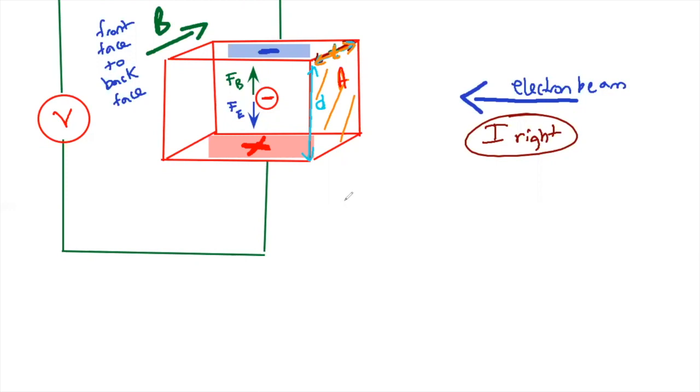At this point, no electrons are going to go up. Why? They're going to stay here. So if we keep sending electrons, there's going to be a point when electrons are not going to go up, because the magnetic force is canceled out with this force. So electrons are literally going to stay here. They're not going to move up, they're not going to move down.